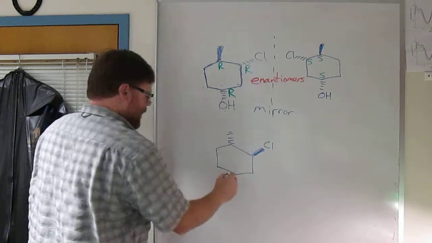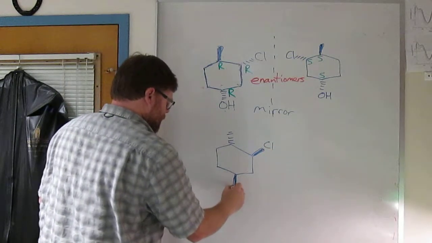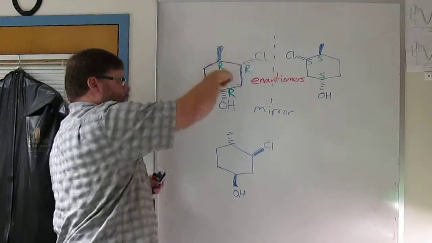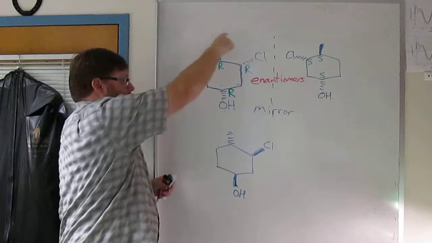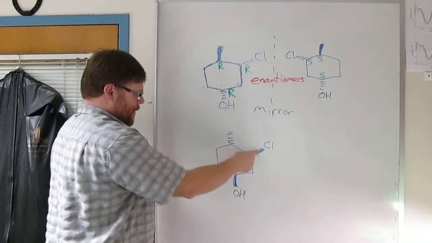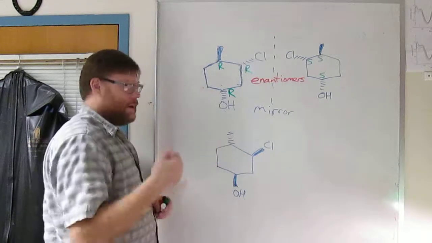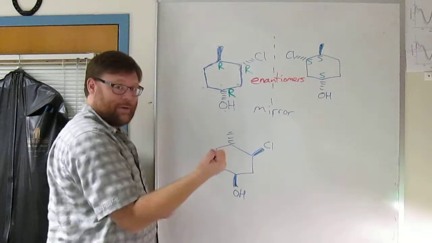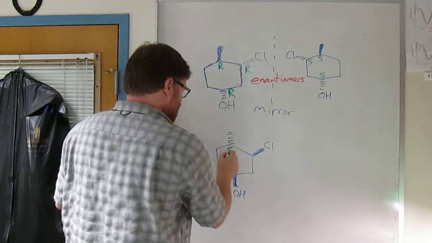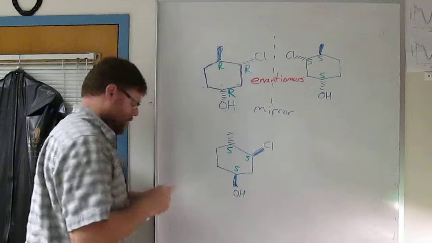OH is back, make it come out. And what you'll find now is your 1 to 2 to 3 circle, which is clockwise based on the priority, is still going to be clockwise. That's going to be 1, that's going to be 2, that's going to be 3. But now the hydrogen is sticking out at you, and so you have to take the reverse. So again, this winds up with S, S, and S.